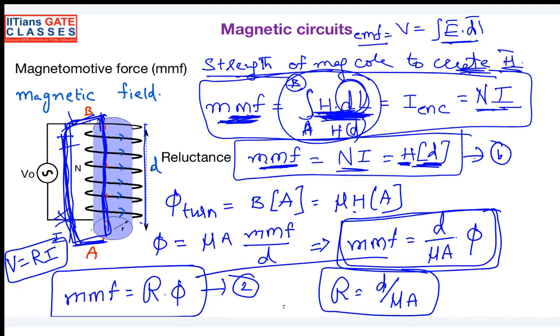In the same way, I was trying to formulate an Ohm's law for magnetostatics so that I can put everything in a circuit analysis form. That is the reason I was able to represent the magnetomotive force with some constant reluctance. By comparison, the reluctance is d by mu A, where d is the length of the solenoid and A is the circular area of cross section.